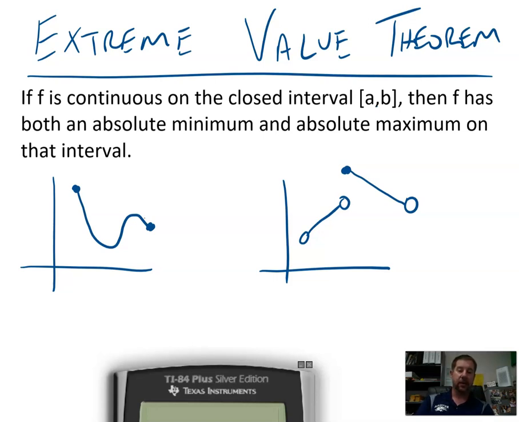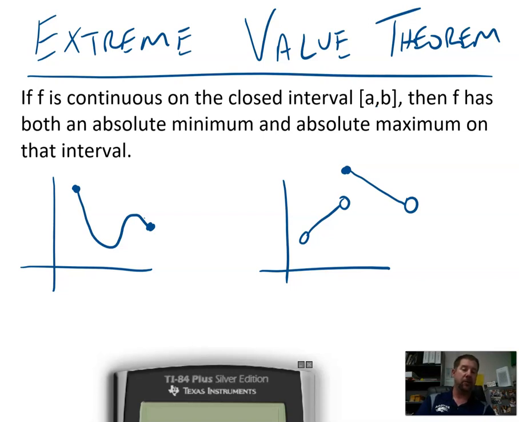In this case here, on the left, that would be my absolute max, guaranteed by the extreme value theorem. On the left-hand side, this is not a relative min or max. Obviously not a max, but not a relative min because, again, it looks like it could keep going down from here. There's no other points on this side to compare it to.